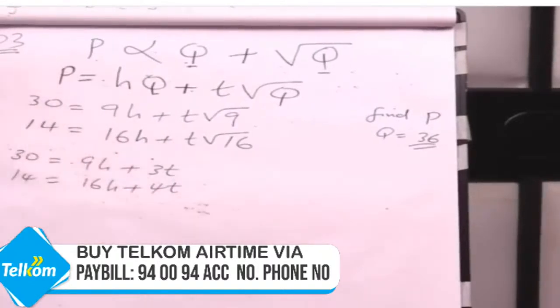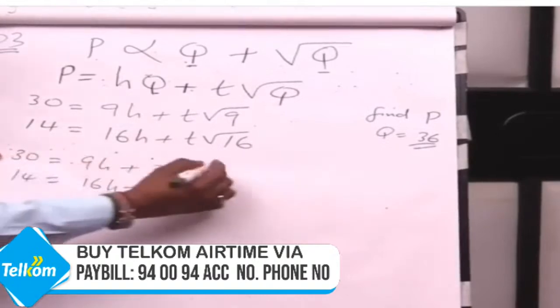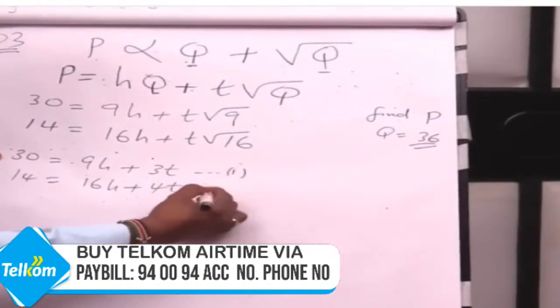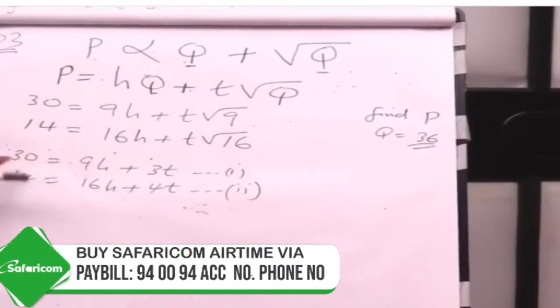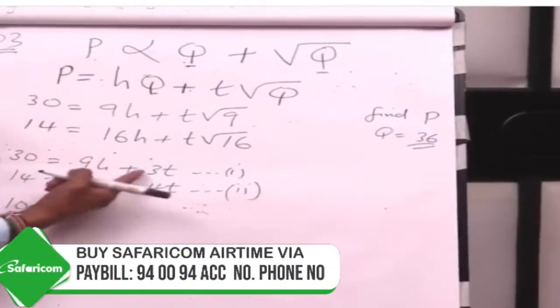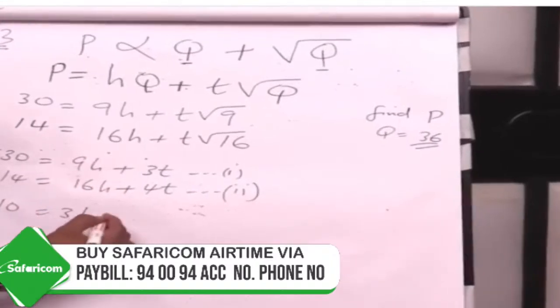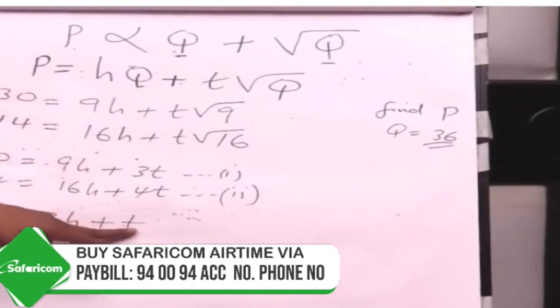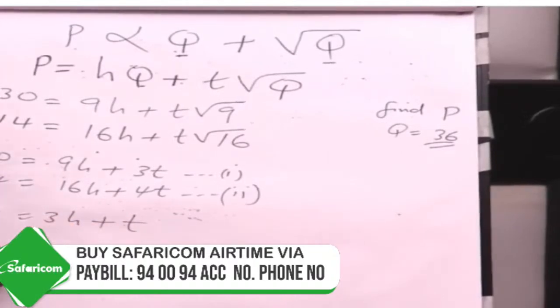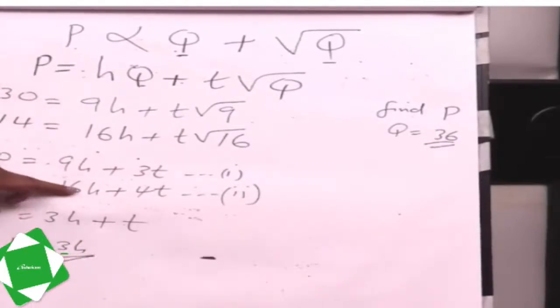We can do it by substitution because you can see that in the first equation, we can divide everything by 3. So if you divide by 3, you get 10 equals 3H plus T. Then make T the subject of the formula. Therefore, T equals 10 minus 3H. By substitution, replace the value of T here.